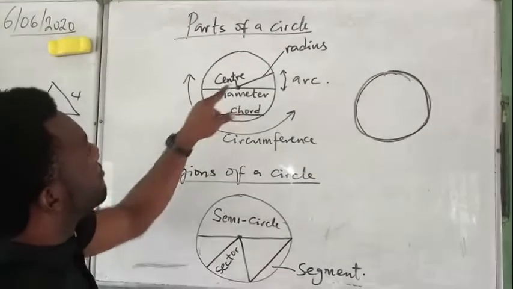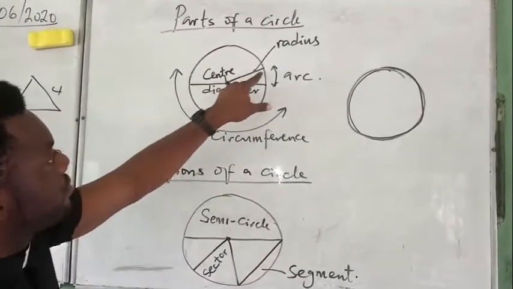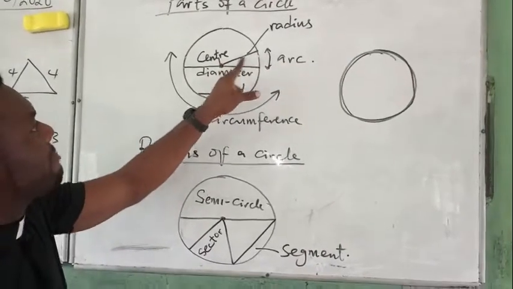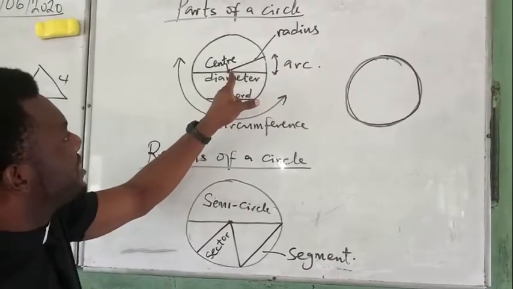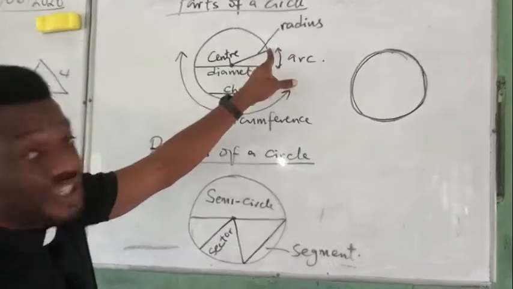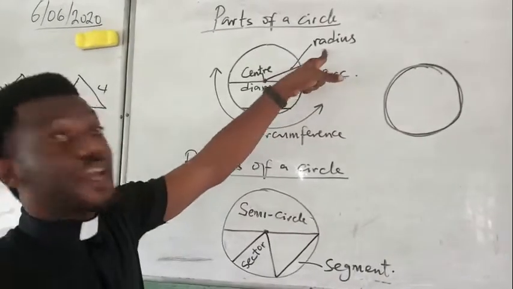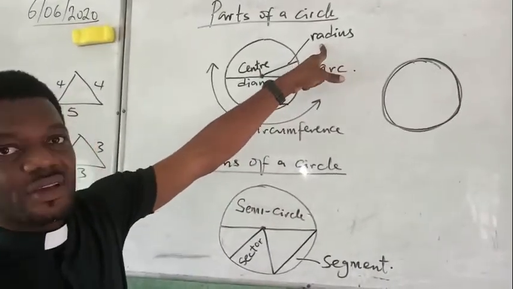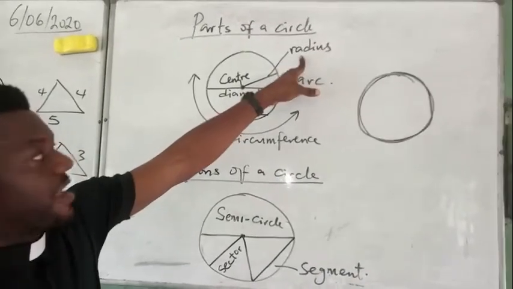And then from the center of the circle to the circumference, a line that begins from the center of the circle and touches the circumference, we call that line the radius. The radius is part of the circle.